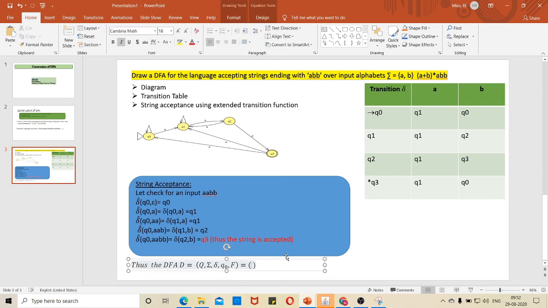For this particular problem, the set of states are Q0, Q1, Q2 and Q3. You can write it as Q0, comma, Q1, comma, Q2, comma, Q3, in curly braces. Then sigma is your input, so here A and B are your set of inputs. Again within curly braces you write A comma B.